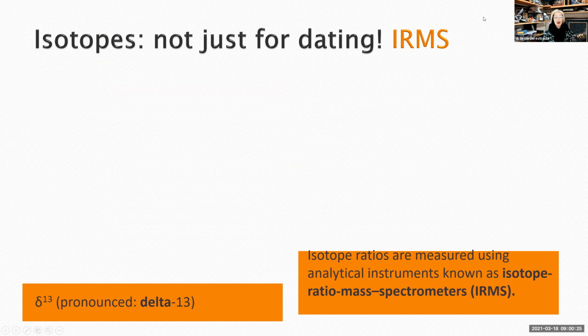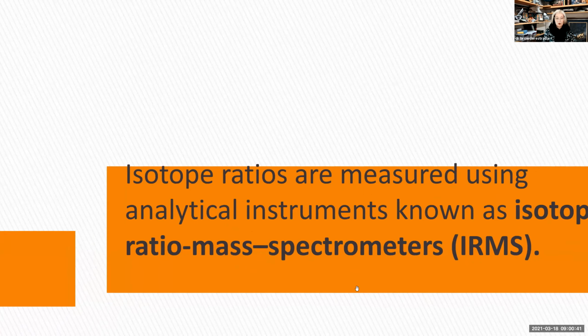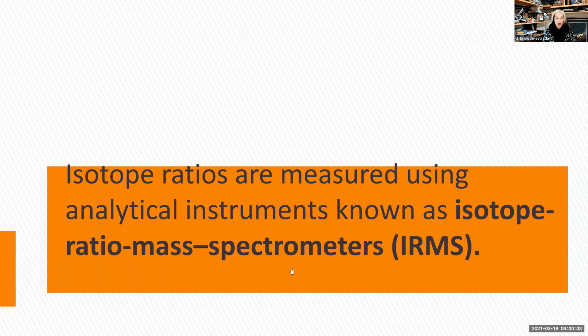Okay, so isotopes. In your notes, the acronym IRMS is something that might show up in assessment. So isotope, ratio, mass, spectrometry. That's what IRMS is. Isotope ratios using a mass spectrometer.